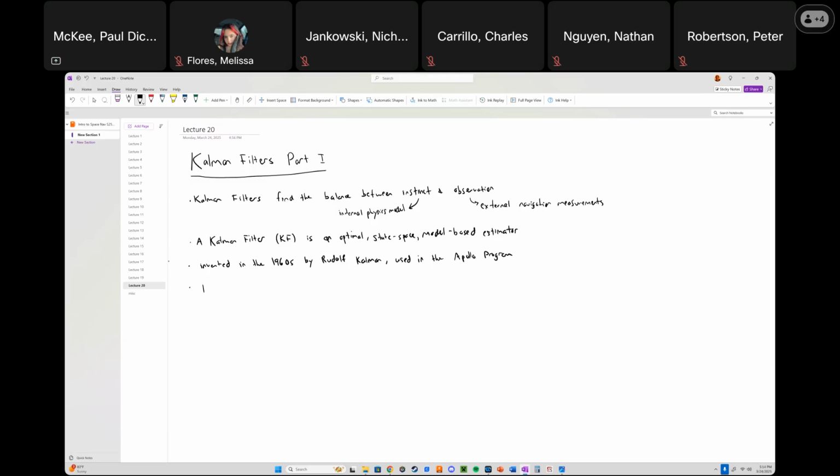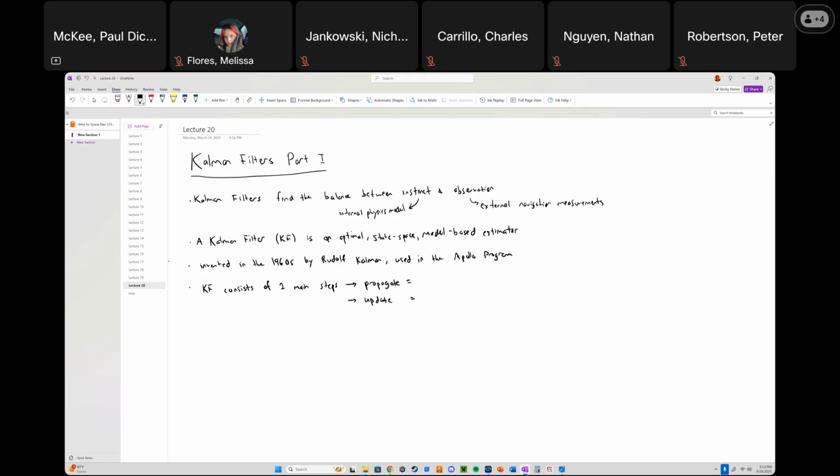So Kalman filter consists of two main steps. Propagate, which we'll be discussing today, and update, which we'll be discussing next time.